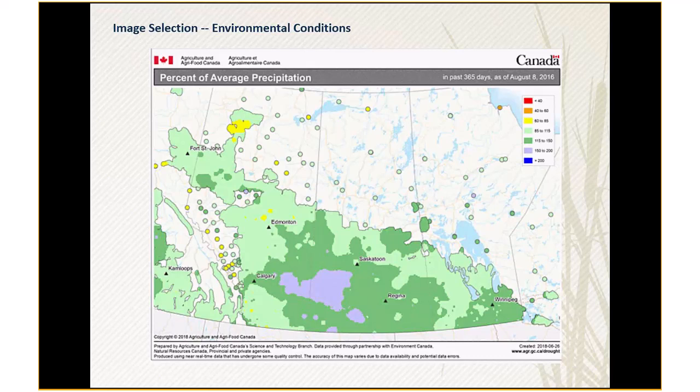I alluded to earlier that we wanted to try and capture midsummer imagery in a year that is trying to capture normal emergent conditions on the ground, when the wetland vegetation is in high vigor.